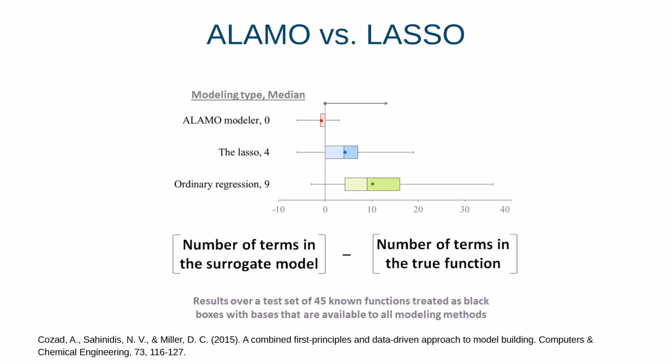On average, Lasso models are more complicated than the real known function used as black boxes for generating data. On the other hand, Alamo models are often simpler than the true functions while still maintaining a higher accuracy than the Lasso models. This shows the strength of the Alamo algorithm. Of course, there are no free lunches. These benefits come at the cost of more computational time to obtain the models.